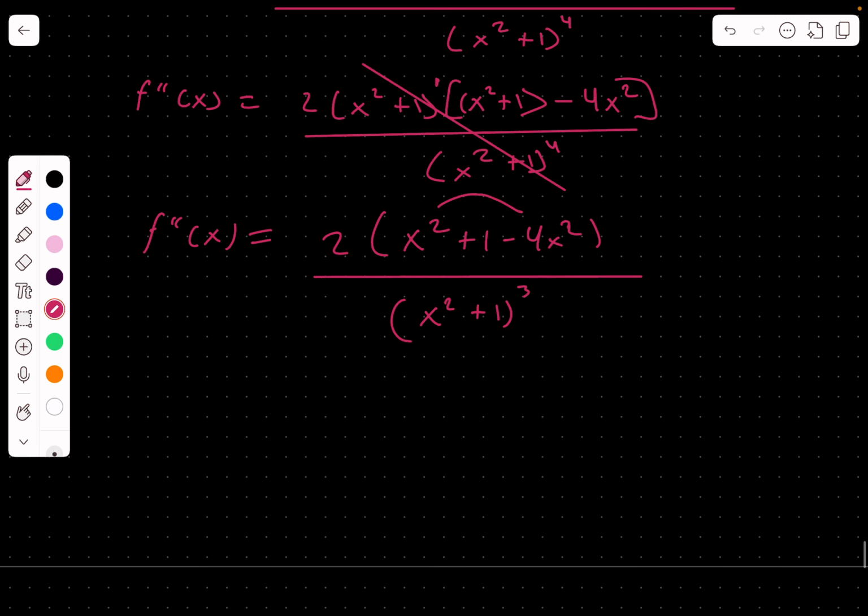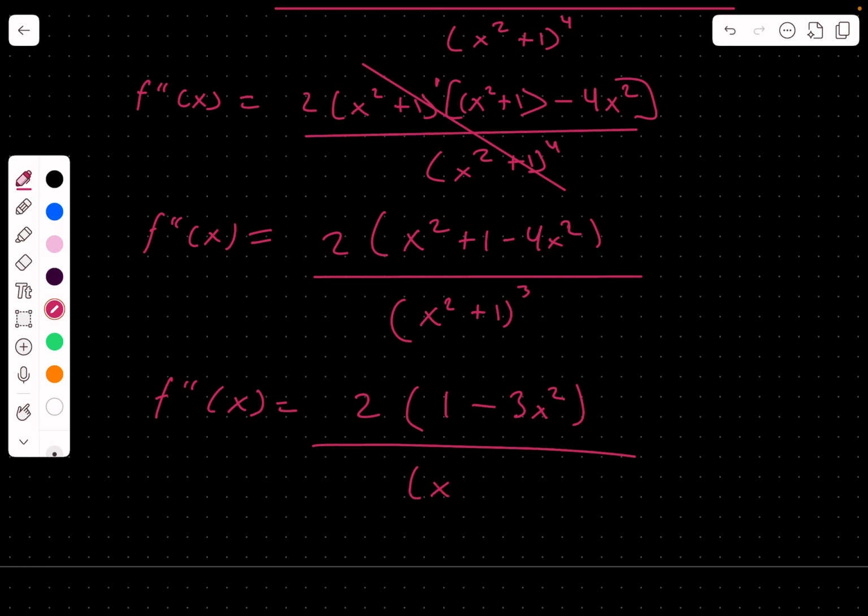When we combine these like terms, we get f double prime of x equals 2 times 1 minus 3x squared all over x squared plus 1 to the third power.